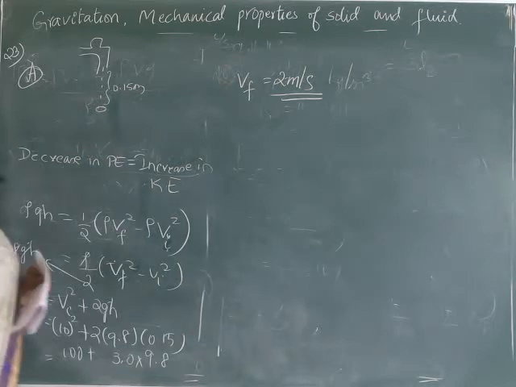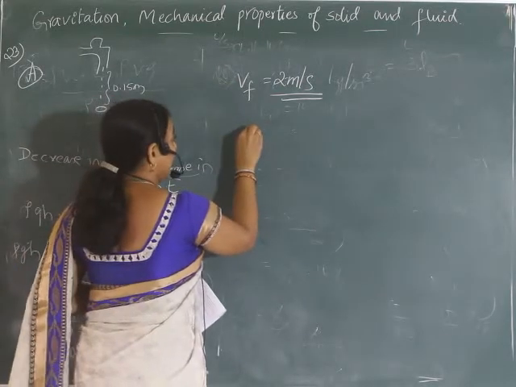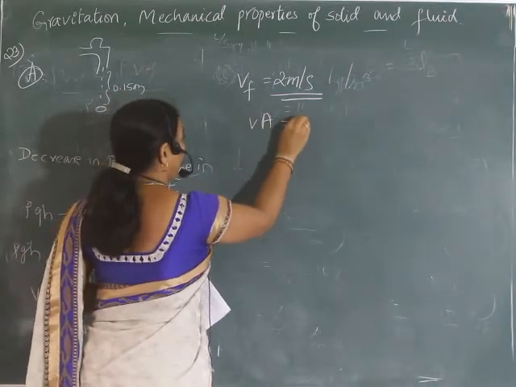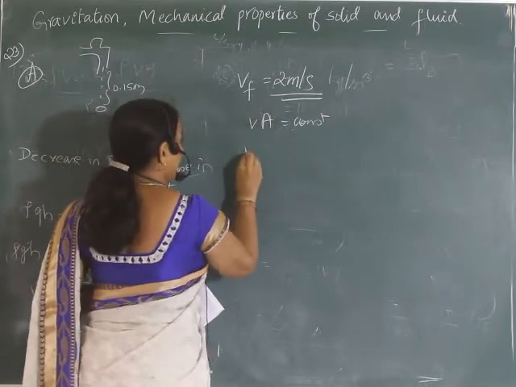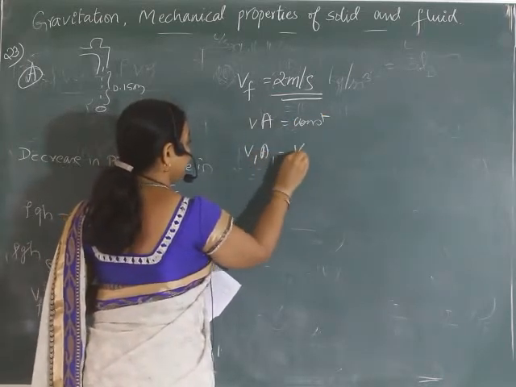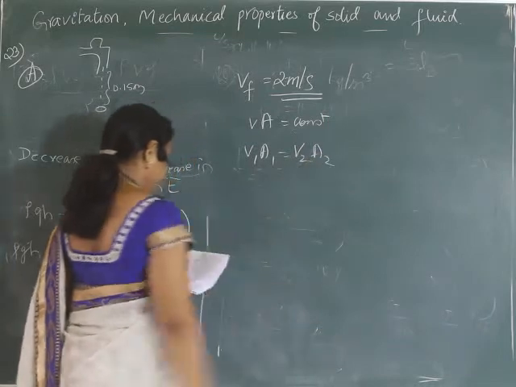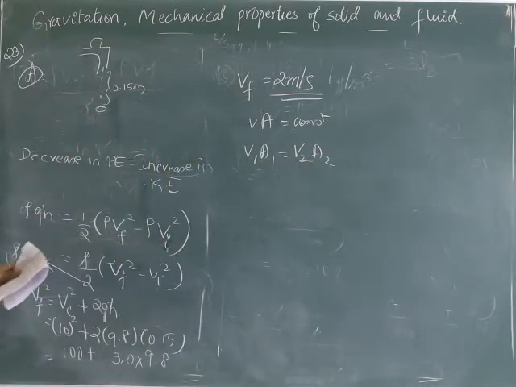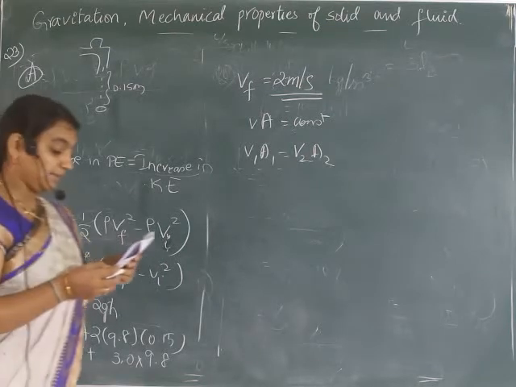According to equation of continuity, we set AV is equal to constant. So I can say V1 A1 is equal to V2 A2. See here what they have said: pressure is constant and flow is steady.